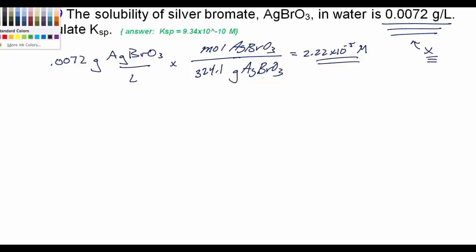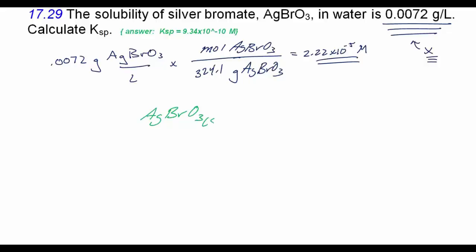So let's go ahead and make our ice table. You might be able to skip this part if you can see how to write the KSP expression, but if you can't, just go ahead and write it out. It doesn't take that long. Make a quick little ice table. Solids always dashes, nothing there initially. X's for products.